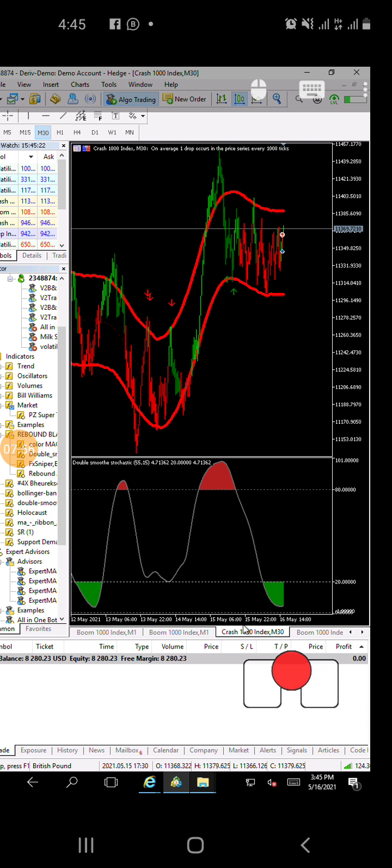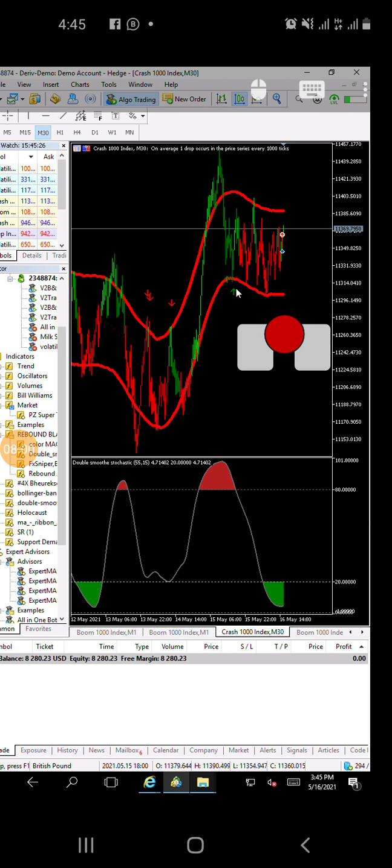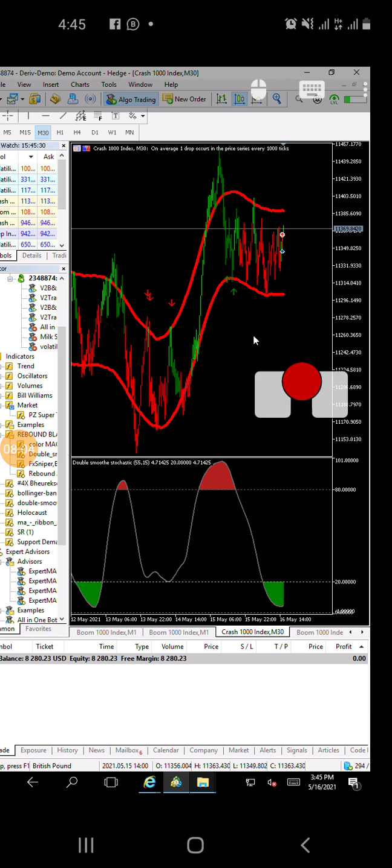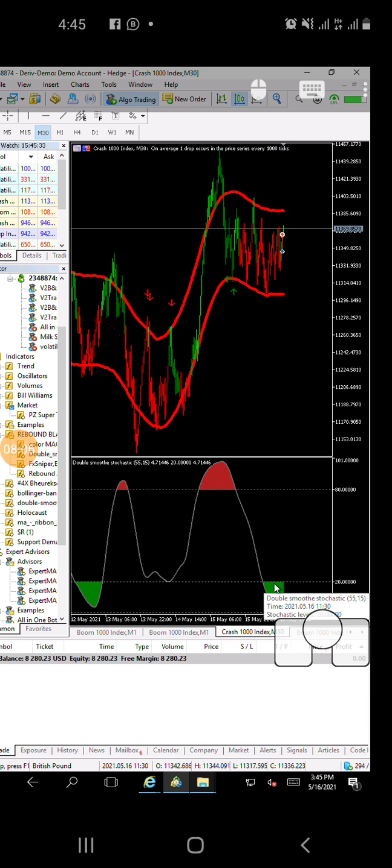So what is happening in the market now? It is green, so that is forming, and the last arrow that we are having here is green, and we are having a green zone here. That means Crash 1000 is forming an uptrend, and what we are looking for in Crash 1000 is a downtrend, not an uptrend.